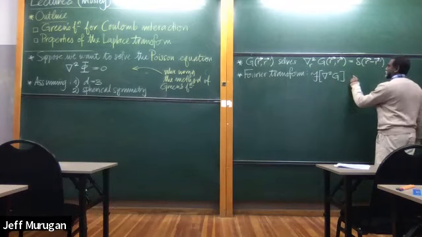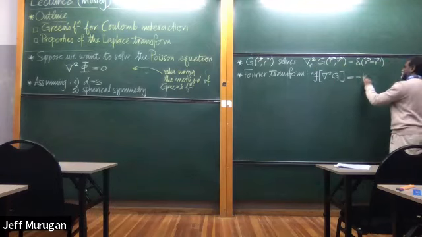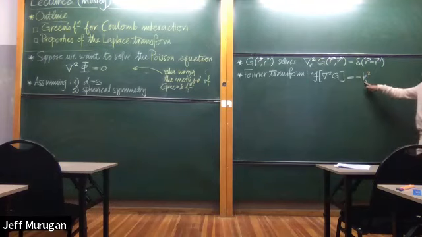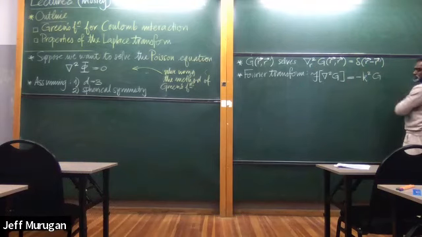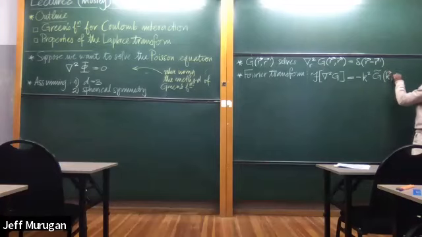I get two factors of ik, so that's minus k squared. Really, what I mean here is k dot k times G tilde. This will be a function of k and r prime, because I'm doing the Fourier transform with respect to r.